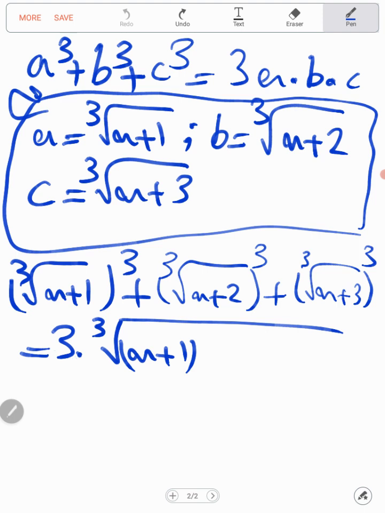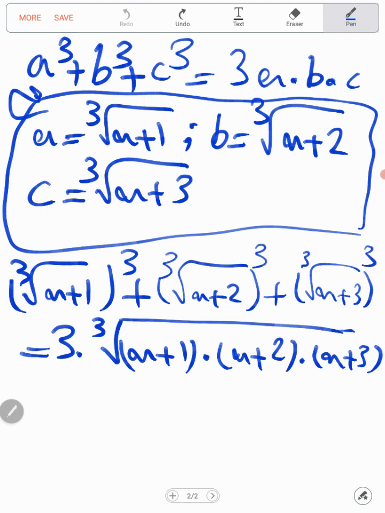Instead of writing 3 radicals, it's better to write it down once. I mean 3 times the cube root of parentheses x plus 1, parentheses x plus 2, x plus 3.